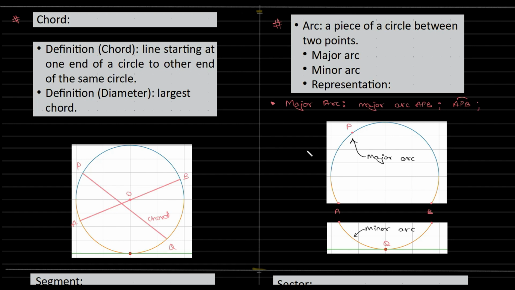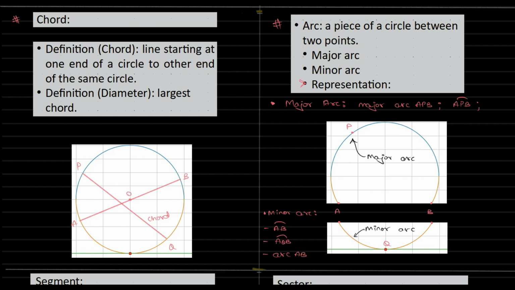So this is a way of representing a major arc. While your minor arc, we represent it quite a few ways. You can just represent it this way, AB, that's a minor arc. You can represent it as AQB, AQB with an arc symbol like this, or you can just name it arc AB. So by default, it is considered as minor arc. So these are the ways of representing an arc.